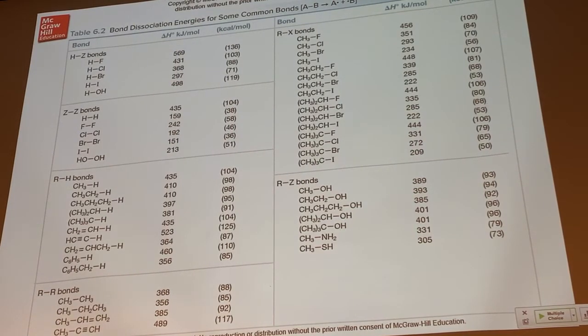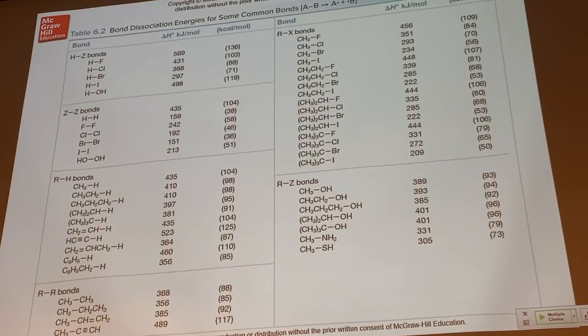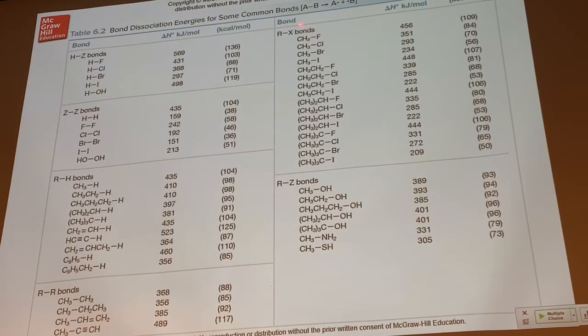So let's start with ones that we should know already. Let's take a look at the top four bonds. This category are C-X bonds. Those are bonds between carbons and halogen atoms. So we have different types of alkyl groups shown here. The first four are methyl groups.